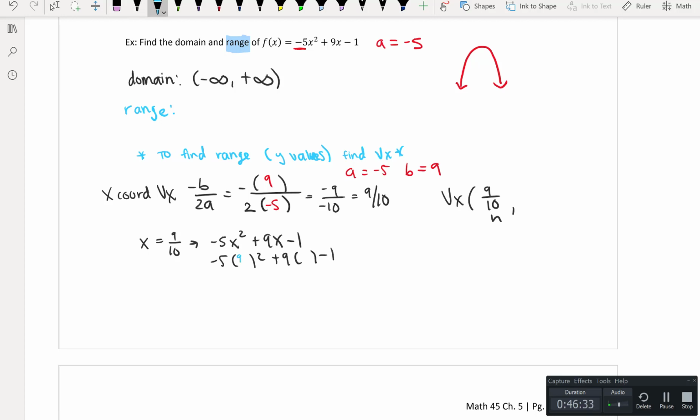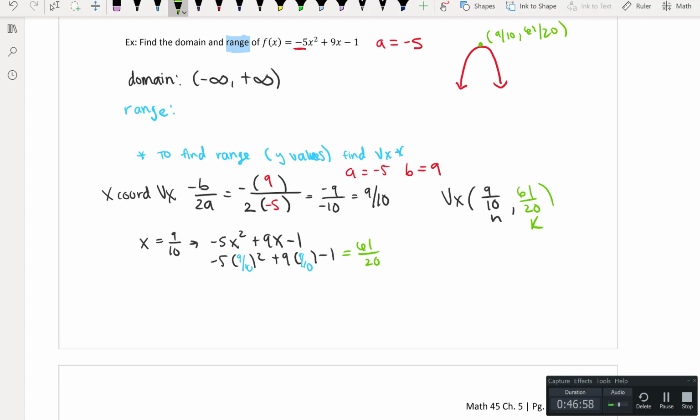When I plug that all in, I get my k value. That k value is actually 61 over 20. So my vertex is 9/10, comma 61 over 20.